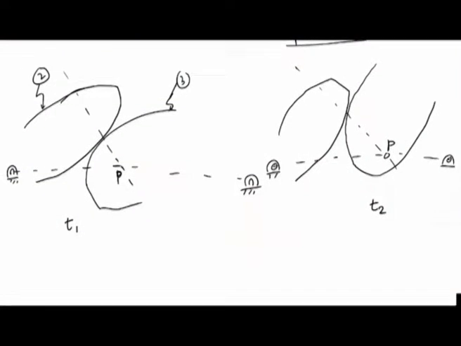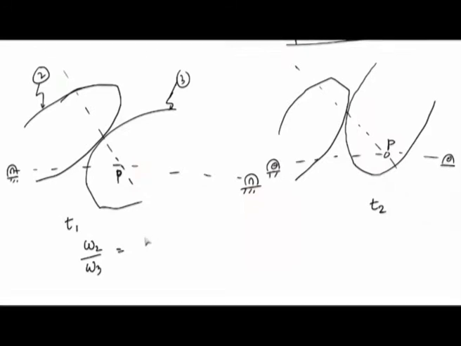Now, at this instant omega 2 by omega 3 is I13P divided by I12P. At the other instant, let me call this point P prime, because I am assuming that this point P is not coincident with the point P prime.